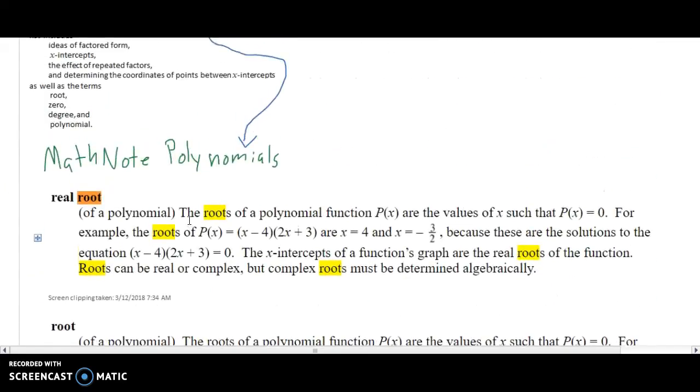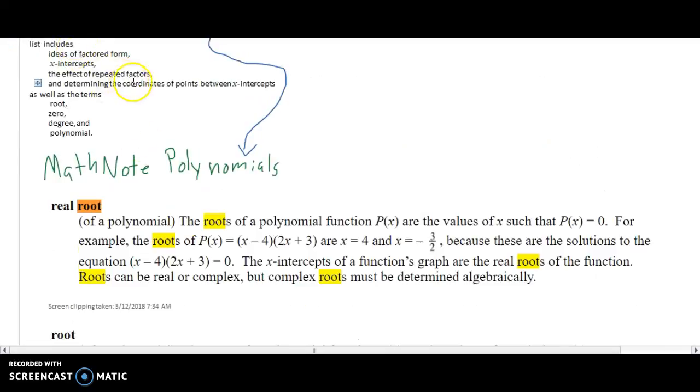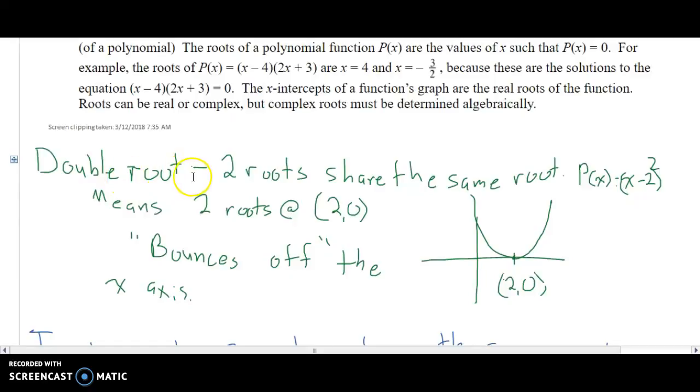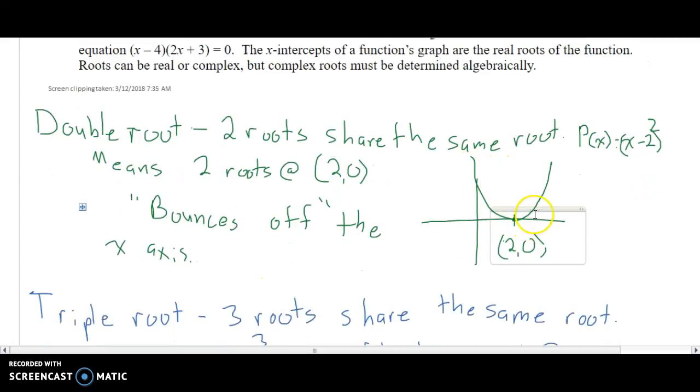I said I was going to talk about the effect of repeated factors. So a couple of examples, double root. So two roots that share the same root. When p of x is equal to something like (x minus 2) squared, it means there are two roots at (2, 0). As you can see on the graph, it touches (2, 0) and just bounces off the x-axis.